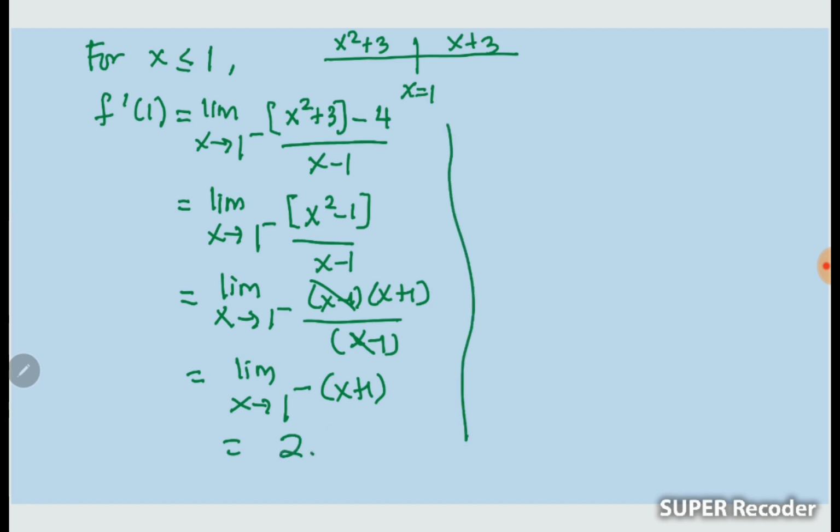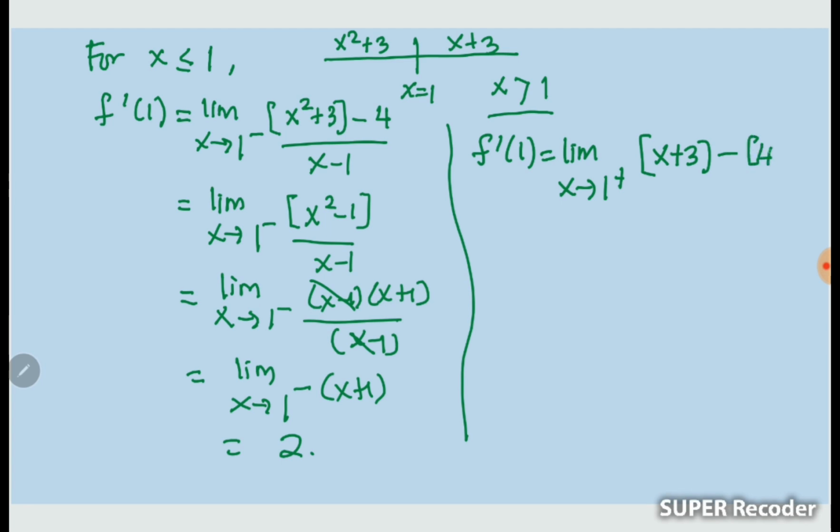Okay, so now for x more than 1. For x more than 1, f prime 1 is equal to the limit when x approaching 1 from the right, and the function is x plus 3 minus (1 plus 3), that is 4, over x minus 1.